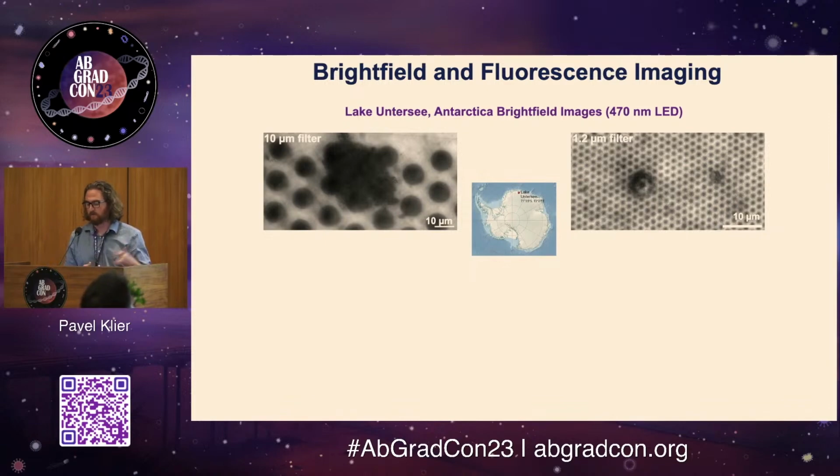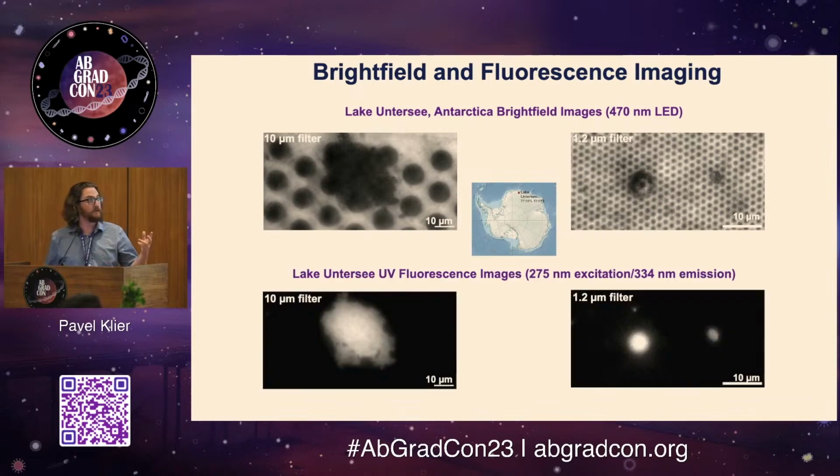I'm showing here the 10 micron and 1.2 micron filter to highlight that we can image objects of very different sizes, and you can see the physical size of the little holes. If we were to put this all onto one filter, that microbial mat looking thing on your left would probably obscure some of the smaller objects that we're seeing in the other filter sizes.